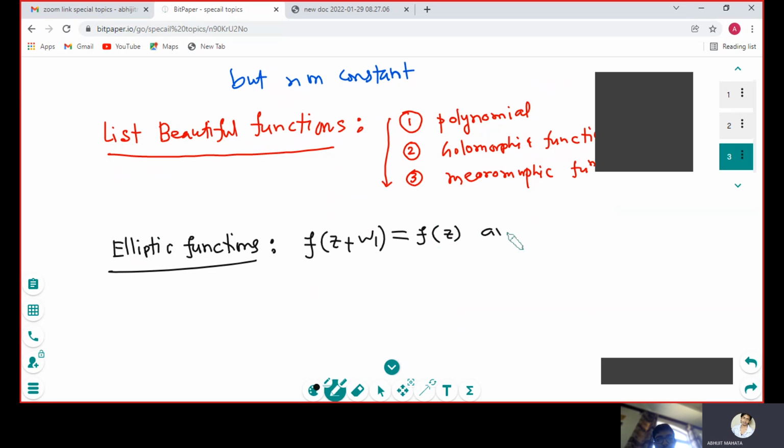And f of z plus w2 equal to f of z, for all z belonging to the complex numbers. Let me write it in the vertical form, then you understand properly.